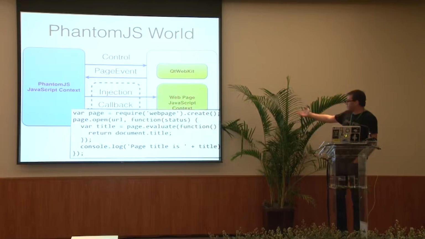Once the page is opened, you evaluate document.title, which is actually executed in the web page context. Then the return value goes back to your Phantom.js context, and you get the title of the page.